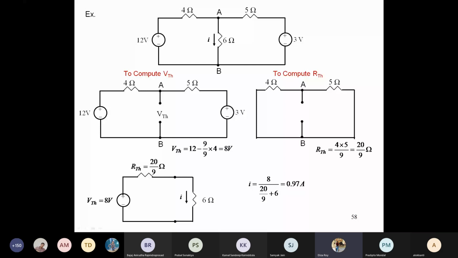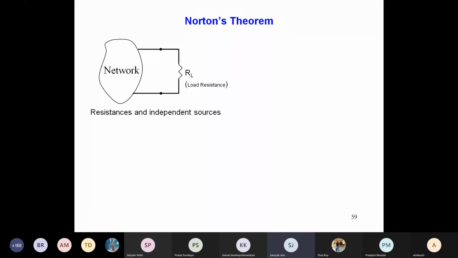Okay, so that was Thevenin's theorem. The next theorem, Norton's theorem, is basically a continuation of Thevenin's theorem.